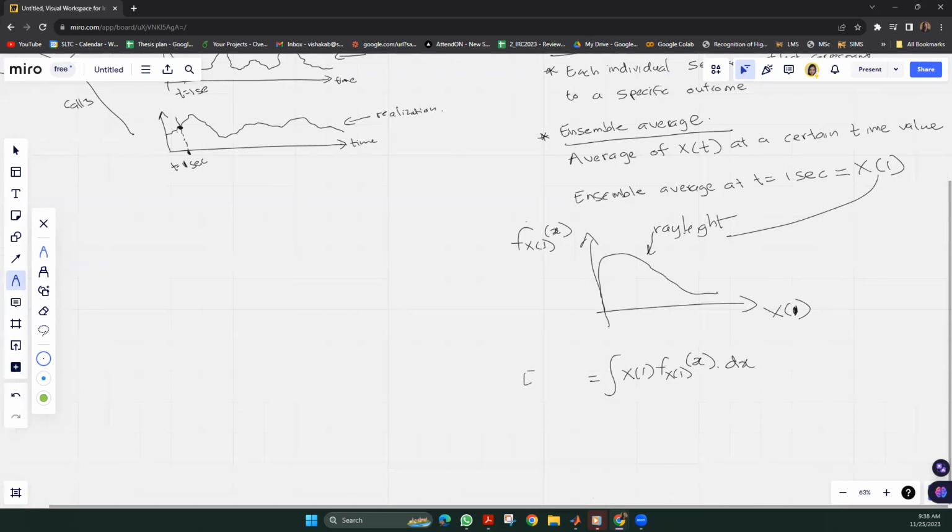So the expectation of the variable x1 can be denoted using this integration. This we call the ensemble average at t equals 1.